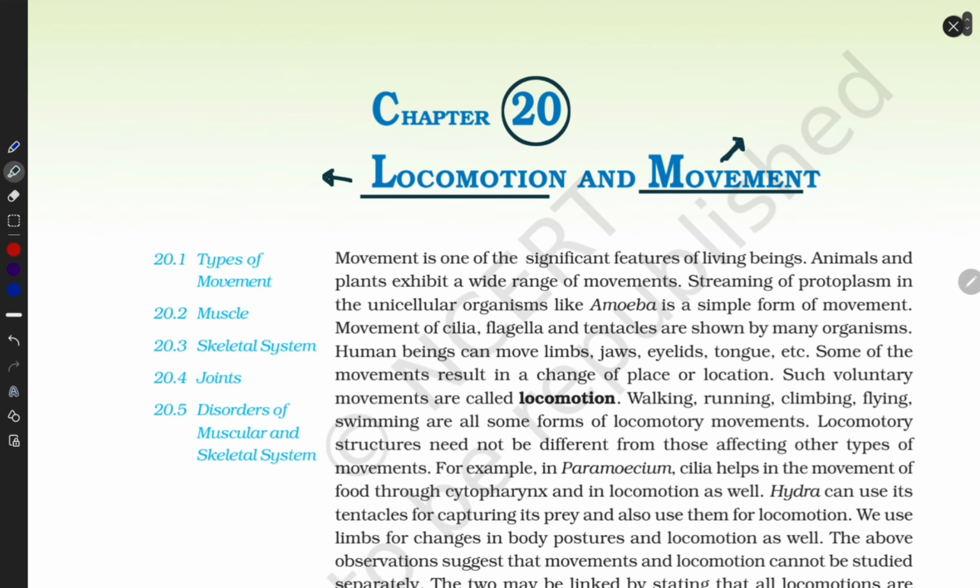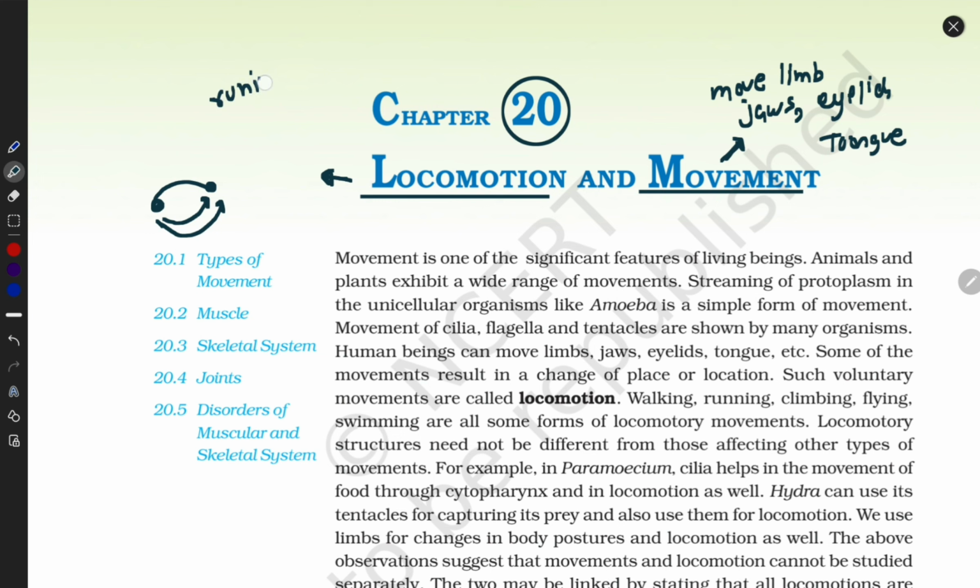I give you some examples of movement, like we move our limbs, our jaws, eyelids and tongue, etc. And locomotion means if we reach from one place to another place, if we travel from one place to another, like running, walking, swimming, flying, etc. Many unicellular or multicellular organisms have locomotory organs, like amoeba.